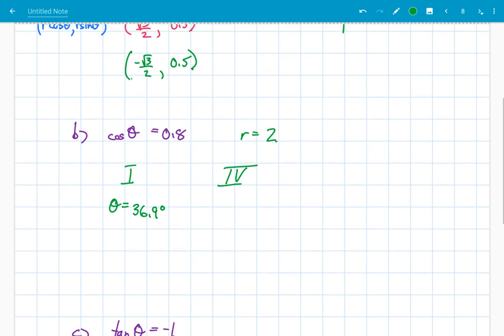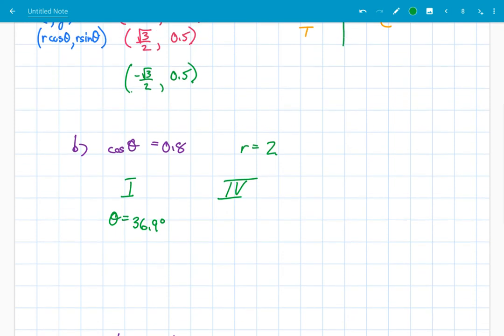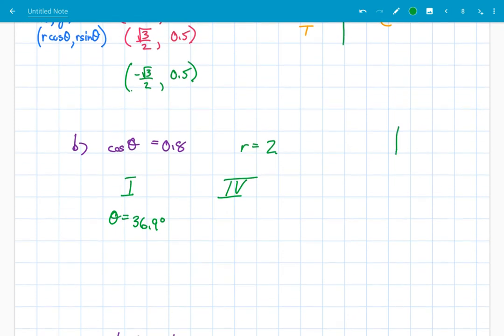Okay. I'd like you to find the position in the fourth quadrant that matches with that. So 36.9, that's the first quadrant. Of course, the cast rule says the cosine of an angle is also positive in the fourth quadrant, the beta will be the same.